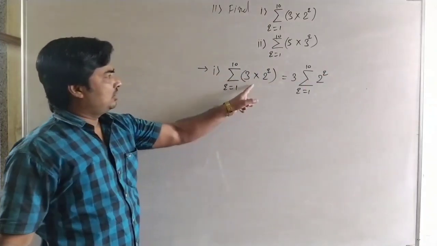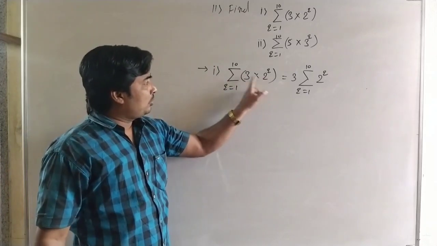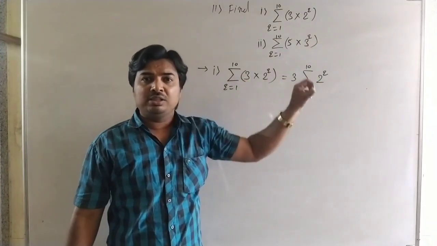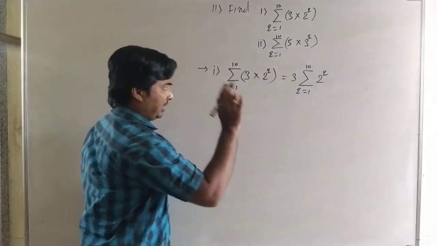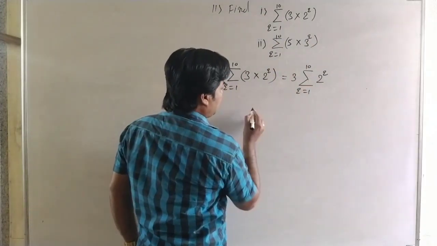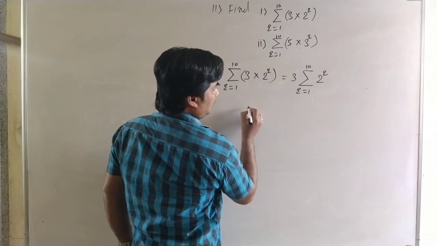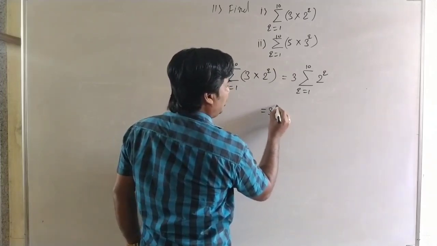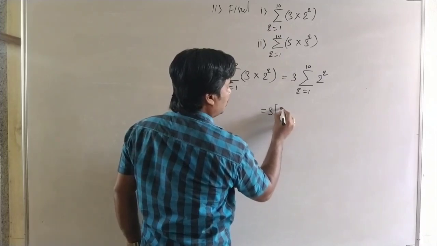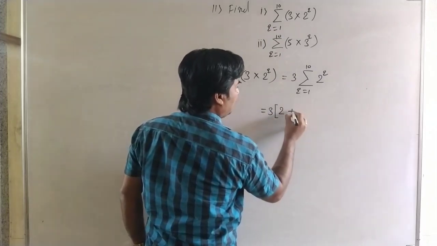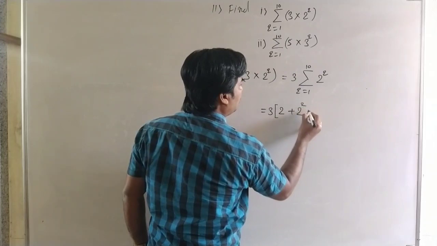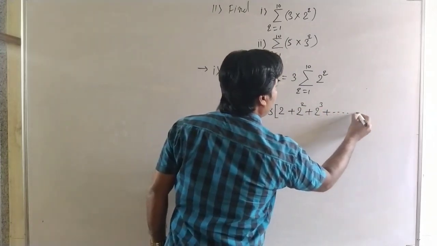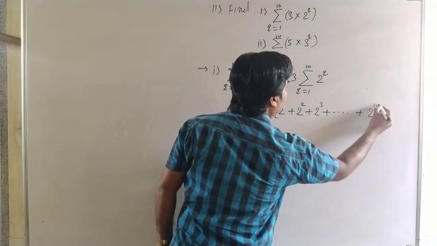Here this summation we can express as a sum: 3 into 2 to the power 1 plus 2 to the power 2 plus 2 to the power 3 and so on up to 2 to the power 10.